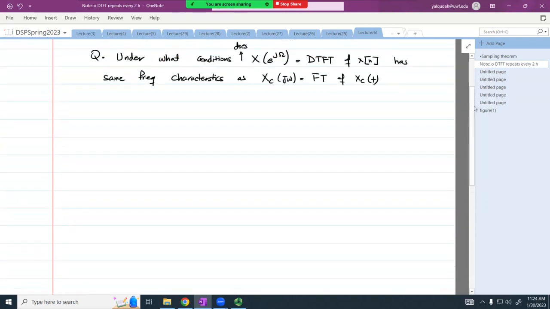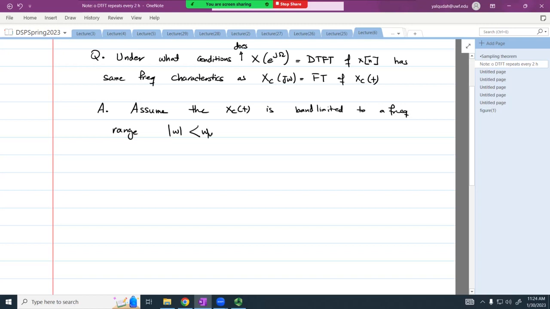So to answer this, we're going to assume that we have a signal that is band limited to a frequency range that is less than omega m. So the original signal that we're sampling is limited to omega m.